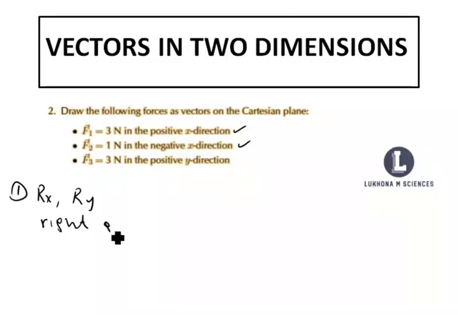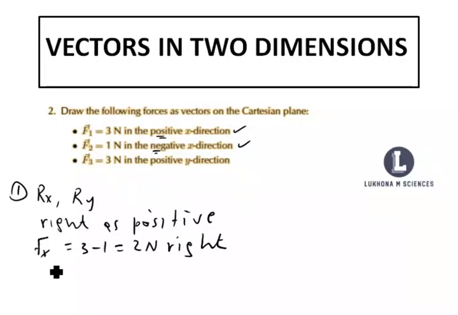This one is positive, that is right. This one is negative, no problem. So Fx, because we're talking about forces, is equal to 3, which is positive, minus 3 minus 1. Therefore the answer is 2 newtons positive, which means 2 to the right.